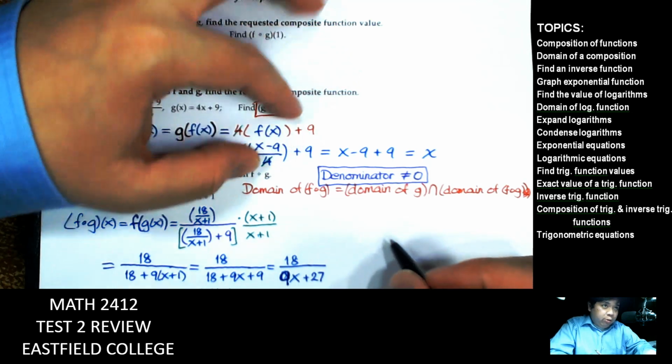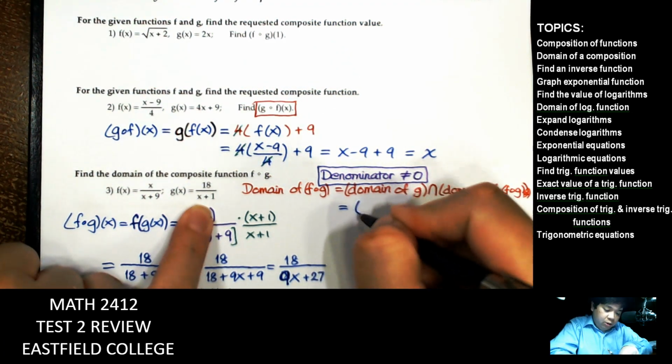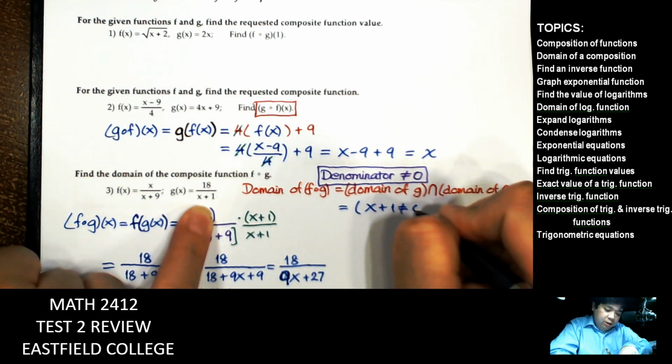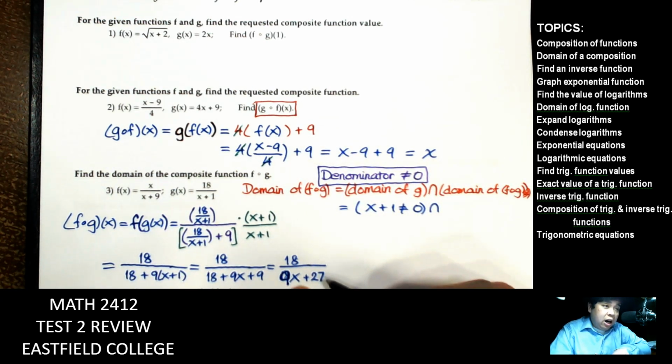So the domain of the function g is x plus 1 not equal to 0, intersect with the domain of the result.